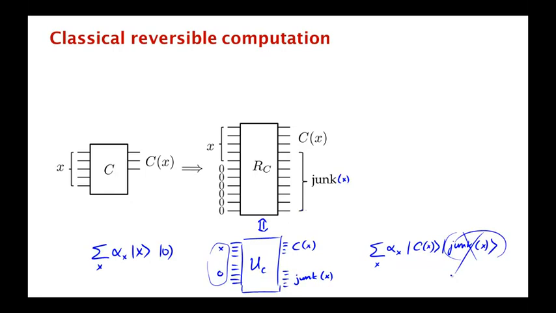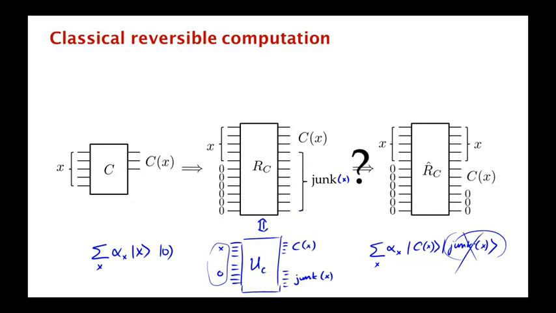Okay, so we are going to argue that in fact this junk is really critical, and we really don't want it there. Even if you throw it away, it's going to cause trouble for us. That's because of the rules of quantum mechanics. So let's see that in a moment. What we'll see is that this is not the circuit that we want to end up with.